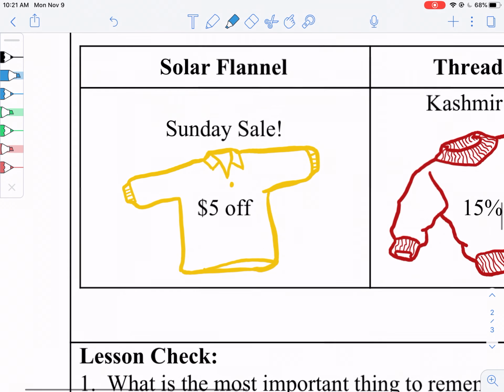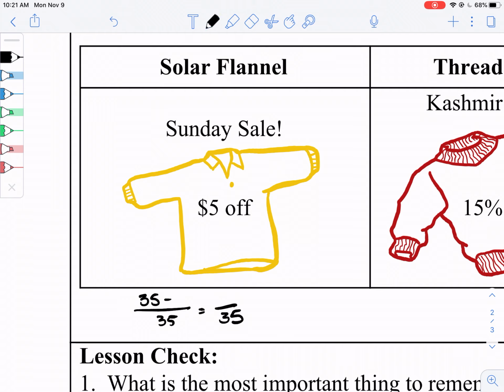So if we head over to Solar Flannel, we're going to calculate this percent decrease by saying, all right, 35 minus 5 over 35 is the same thing as 30 over 35. Oh sorry, that is our change. Just kidding, I did this backwards. I lied.